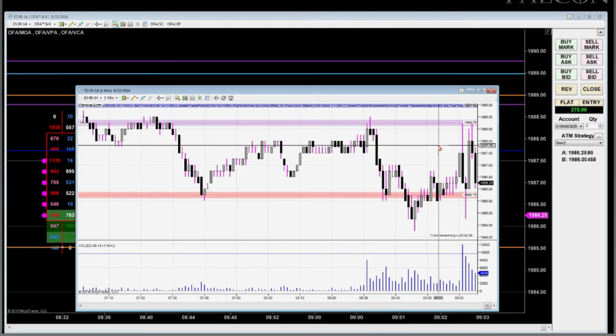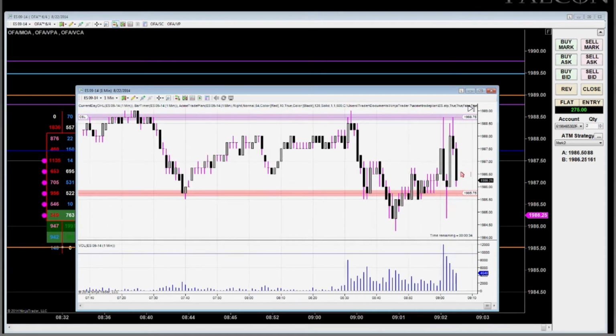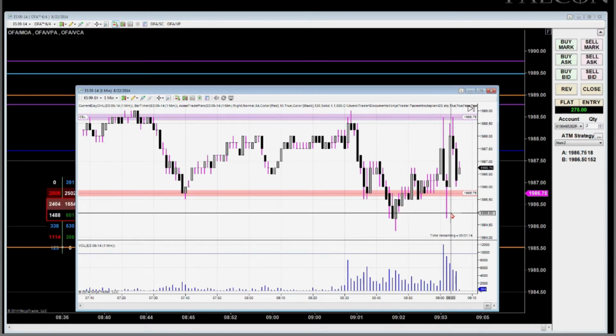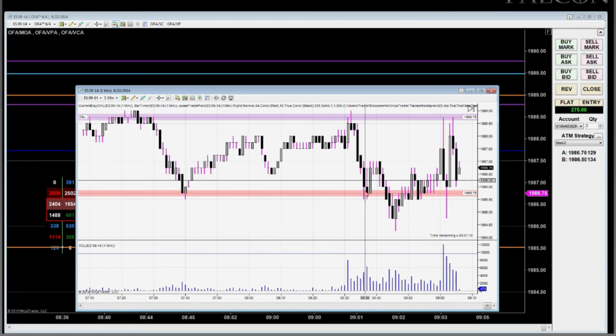So we've got about 4 points that this is rotating in. You can see responsive buying here, some responsive selling, not as much, but responsive buying down here, responsive selling up here. And like I said, really looking for volatility between 85 and 86.50, 86.75, and you can see that's what we're getting here.